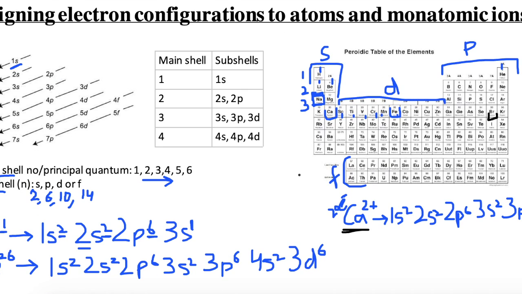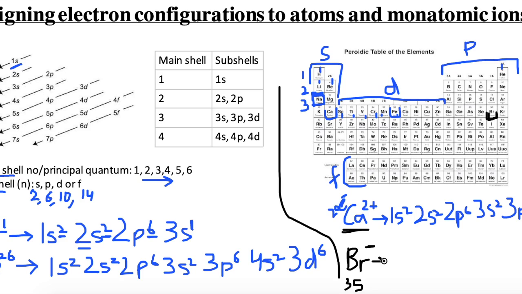Now let's do an example with a negative ion. Let's use bromine, the bromide ion, as an example. From this periodic table, we can see that bromine is over here and it has 35 electrons.